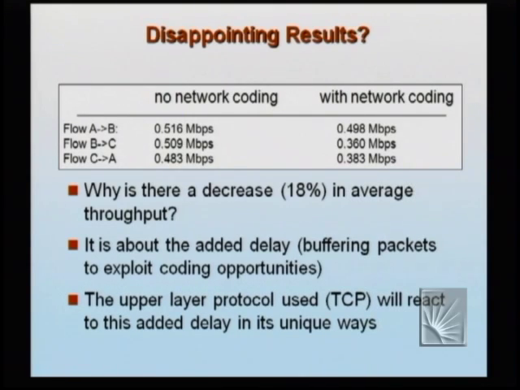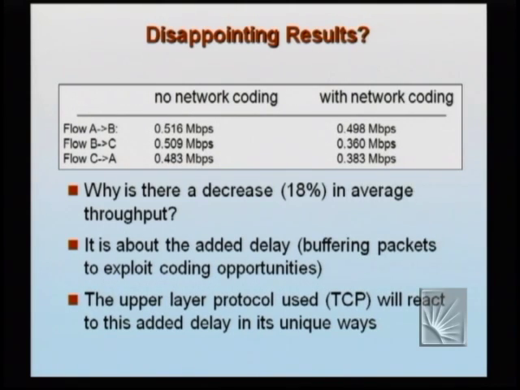So what happened? Well, it's all about the added delay. Because we need to have coding, we need to let some packets wait, right? And that waiting time is actually fatal to the TCP flows.